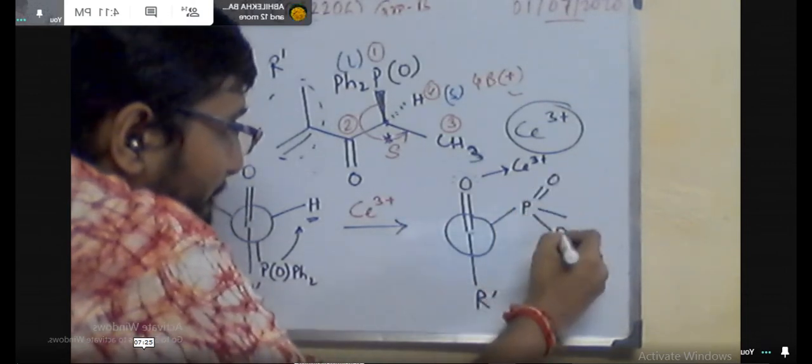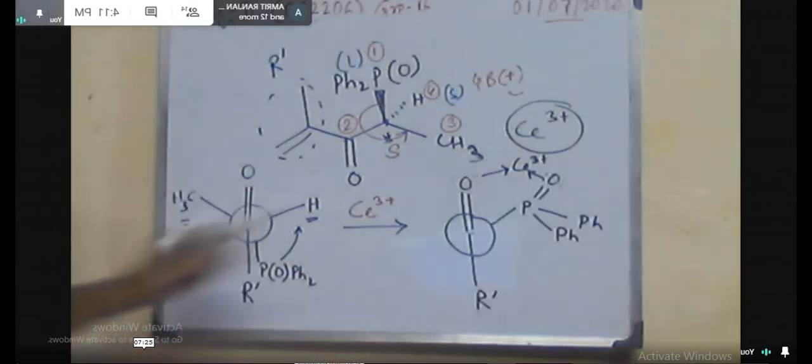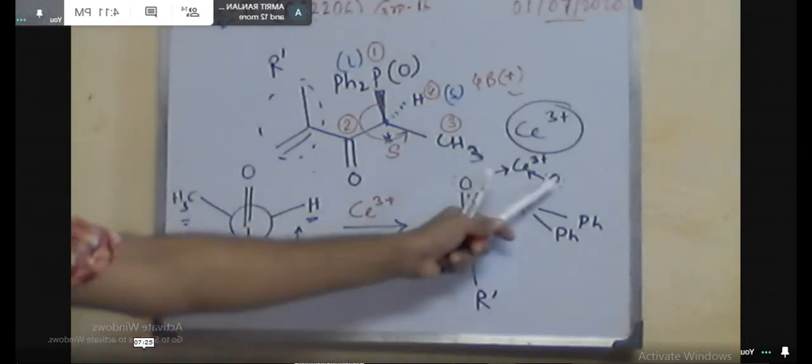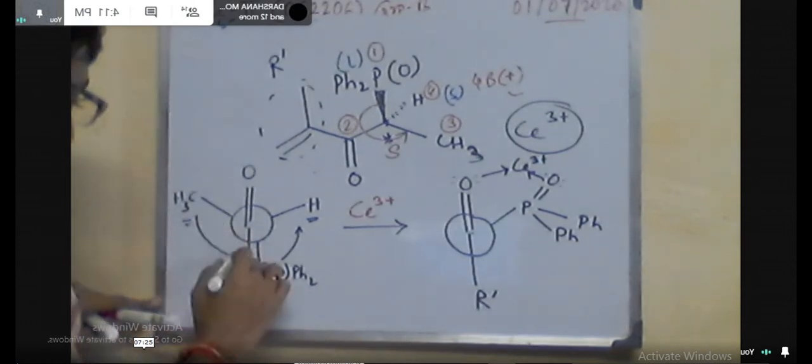So when this is the chelate model, now you have to apply the steric factor. When this is the model, you can see that this side is sterically accessible, not this side, because here CH3 is present, also this bulky group is present. So only from this side hydride can be transferred.